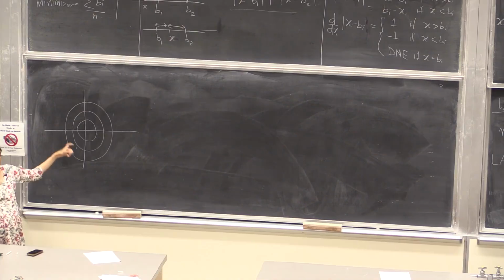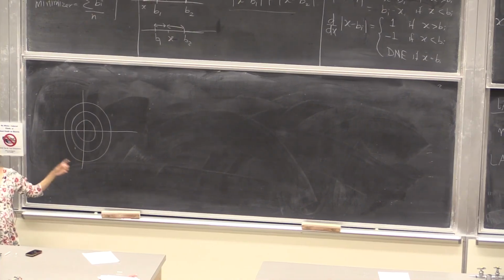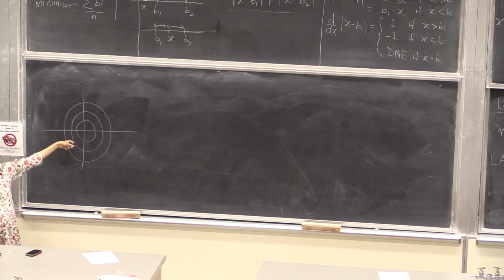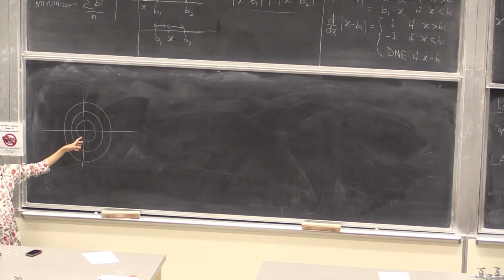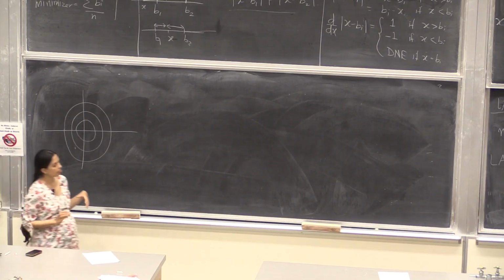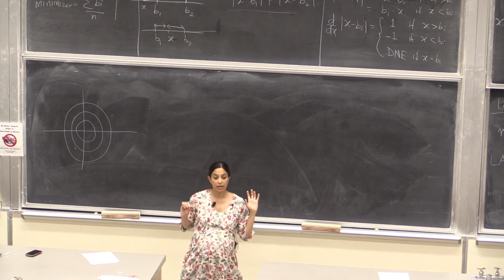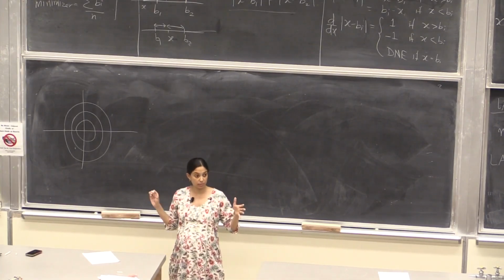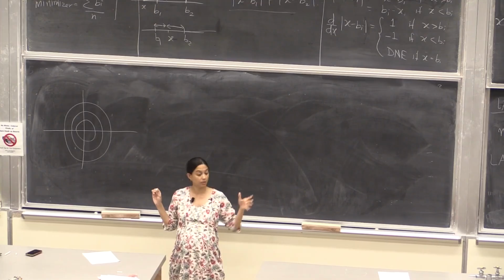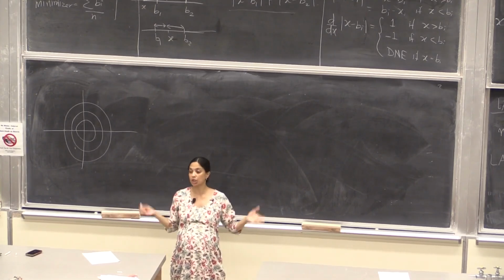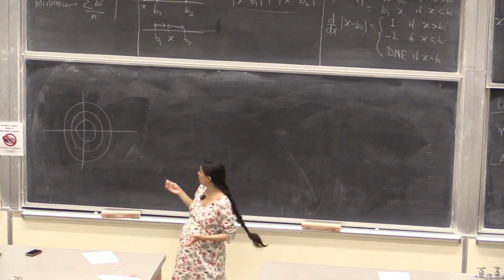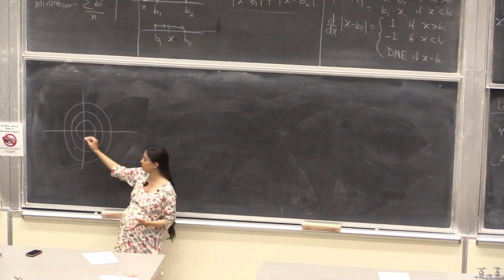For different values of t, I have different isocurves here. Does that make sense to everyone? These are different level sets of the 2 norm of x, okay? And so what I'm saying is I want to minimize the norm of ax minus b squared subject to a particular constraint. So depending on what my value of t is, I'm going to be inside one of these circles, okay?